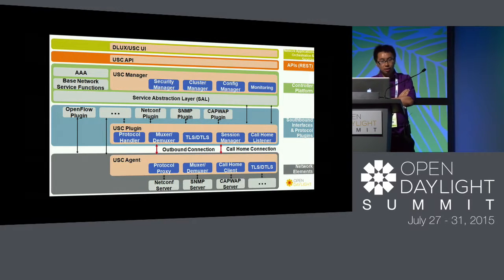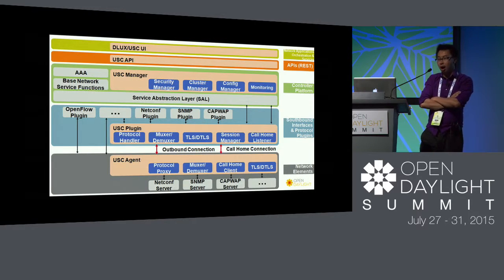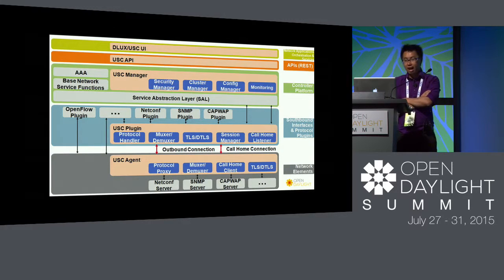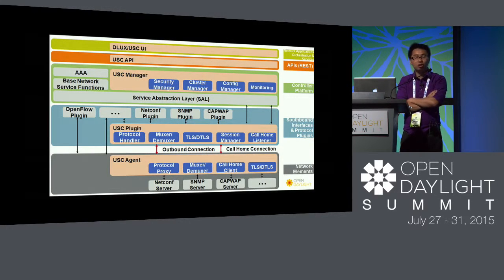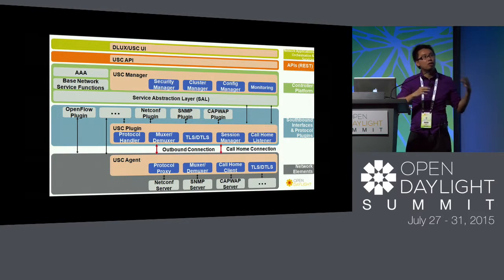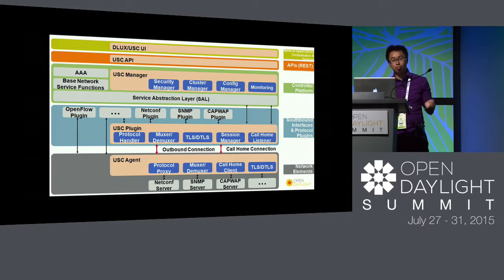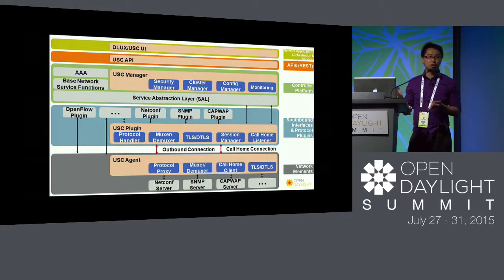The USC plugin sits on the controller. It's Java-based, and it acts as a session manager. It coordinates all the different sessions from different southbound plugins or applications. It does the protocol handling, muxing, demuxing, TLS, DTLS, and it also acts as a call home listener, so it's listening on a particular port.